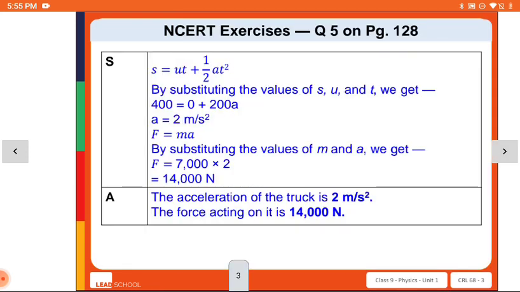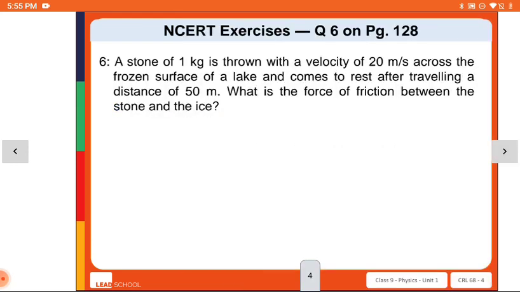After putting the values in the second equation, the acceleration will be 2 meter per second square. We have the acceleration and the mass, so force is equal to 7000 into 2, which means 14,000 Newton. So that is the solution. Students, you have to do it on your own.